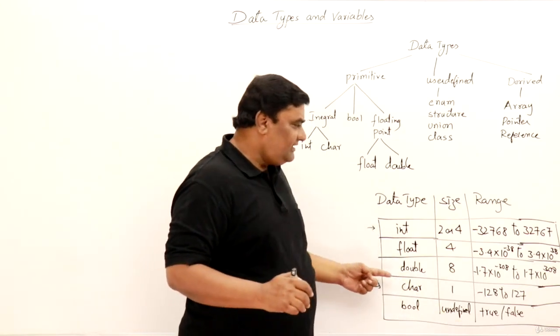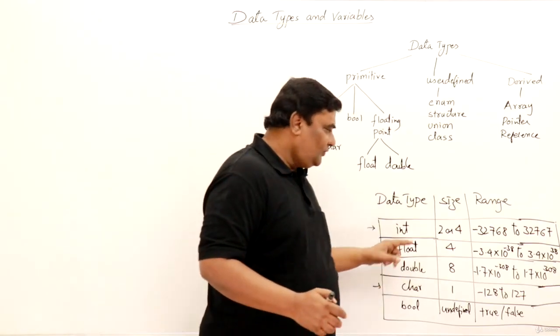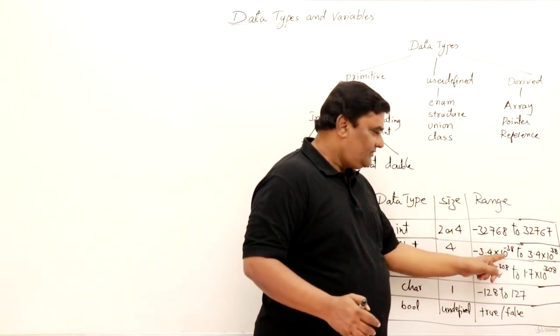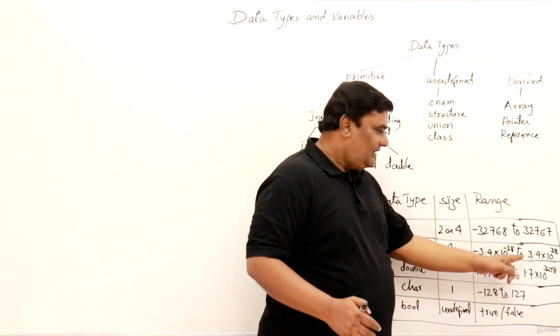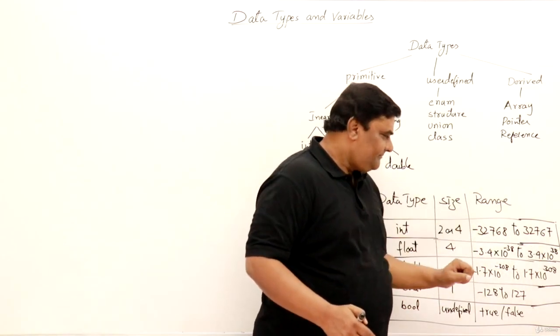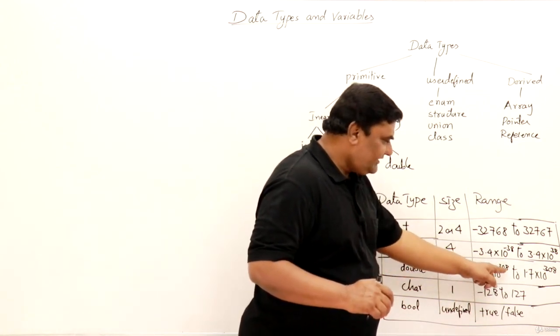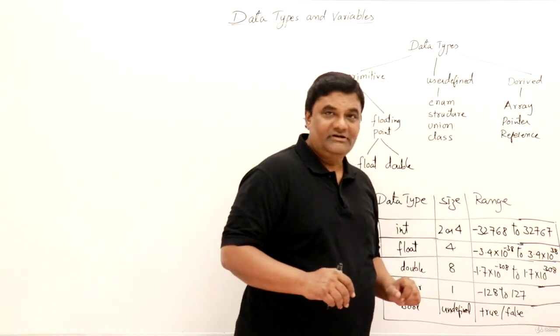Next, about float and double, if you can remember, it's well and good, otherwise not a problem. For float, I will read out -3.4 into 10 to the power of -38, and the positive one is 3.4 into 10 to the power of 38. Now, double is -1.7 into 10 to the power of 308, and positive 1.7 into 10 to the power of 308.